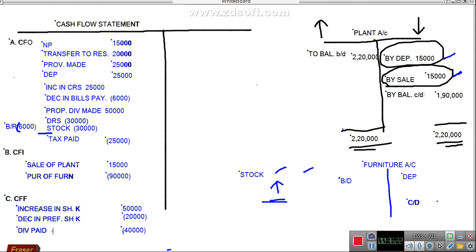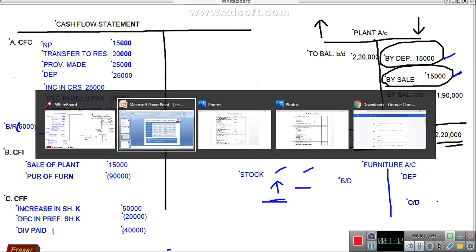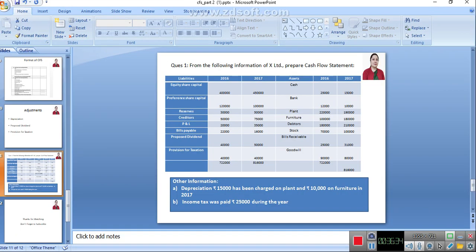So that is why this increase in current assets is to be subtracted in calculation for cash flow from operating activities. Now we have included all these three things.